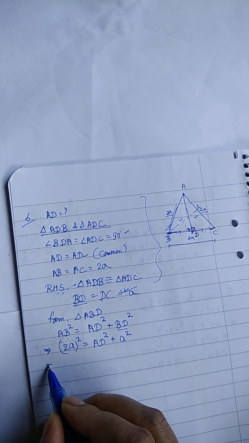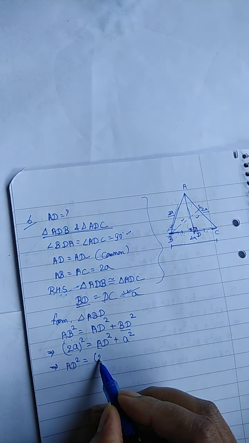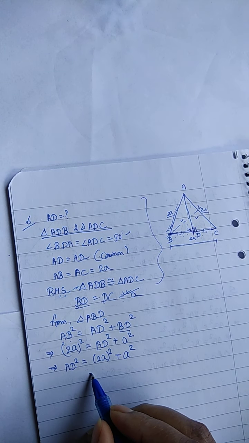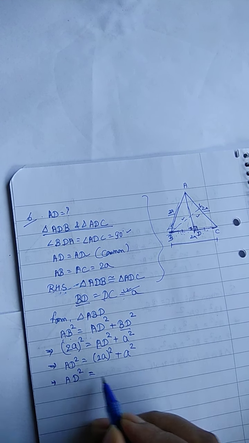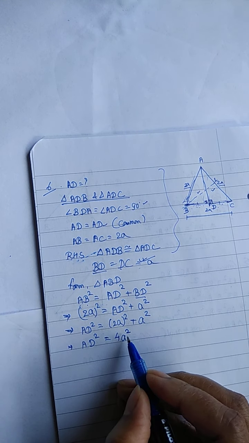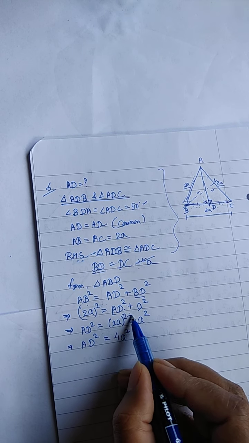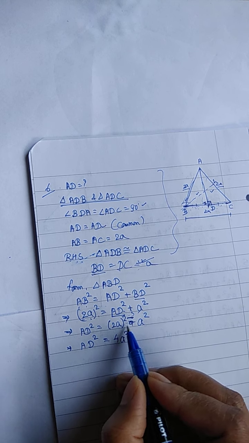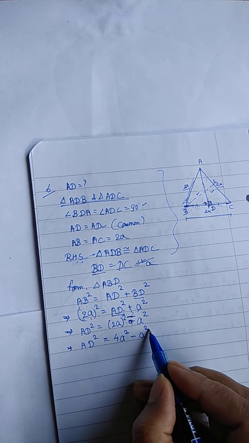Yes. Now 2A square equals to AD square plus A square, correct? Or we can write AD square equals to 2A square minus A square, sorry, 4A square minus A square, since this goes to the other side.